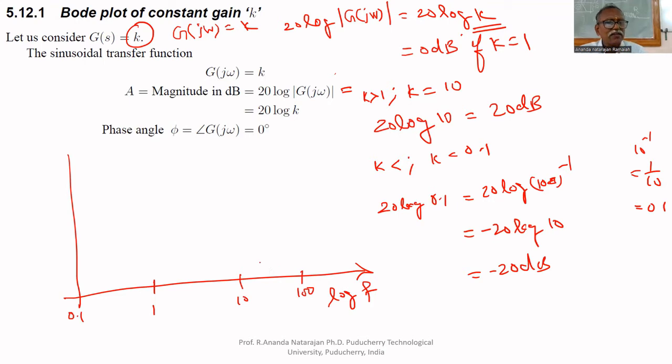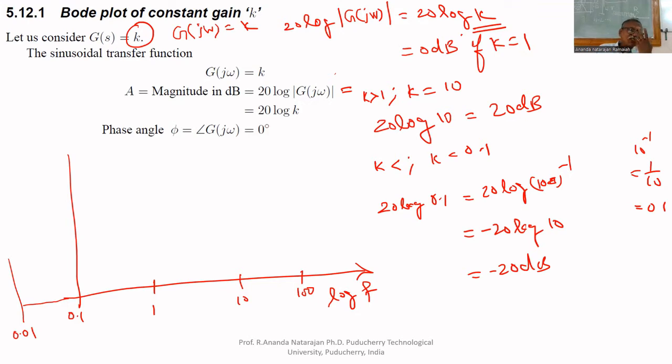So, a fold of 10. What is before that? 0.01. Before that, 0.001. It never reaches 0 because log 0 is undefined.